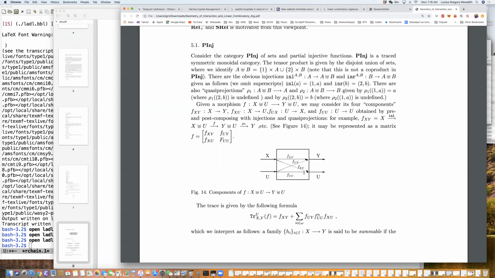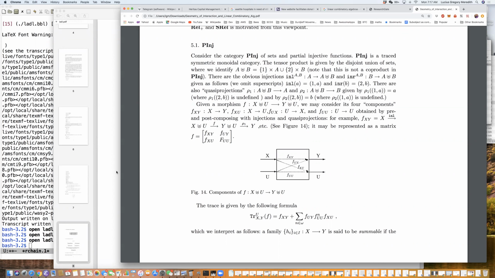And what I was saying is that, in the ladle construction, we might have notions of computation that don't look like the categorical view. But the ladle provides a kind of mediation.